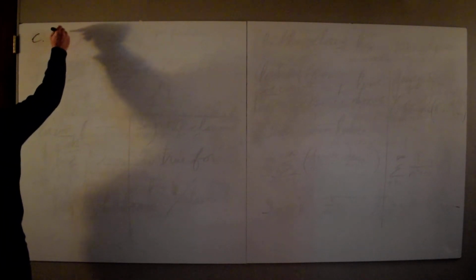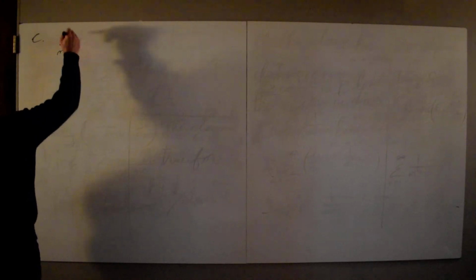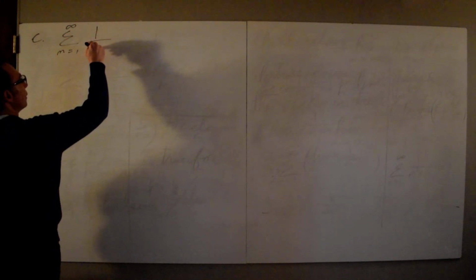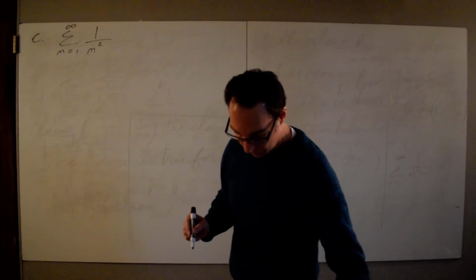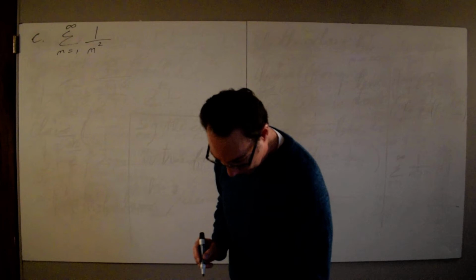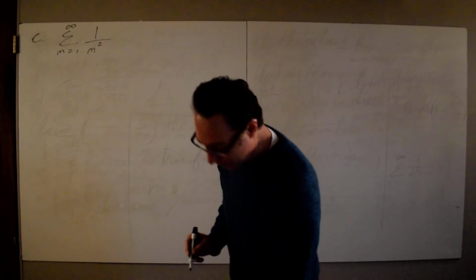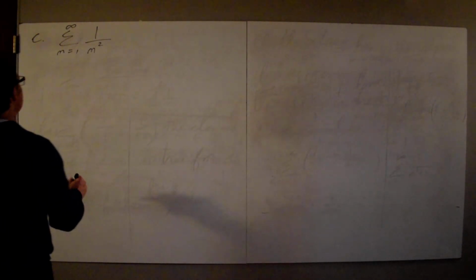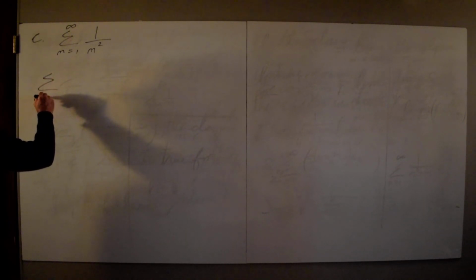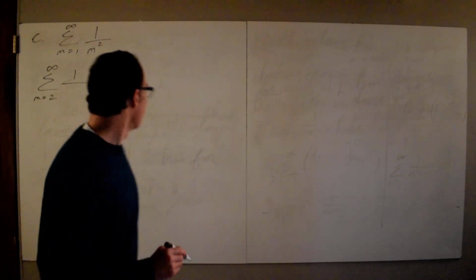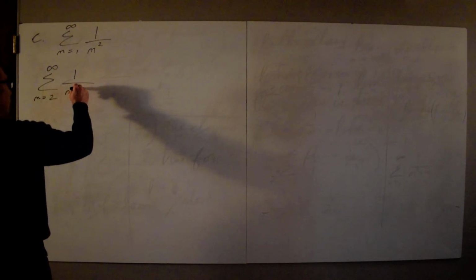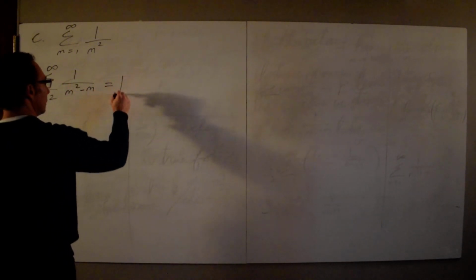Part C is the sum n equals 1 to infinity of 1 divided by n squared. Now we use parts A and B to do this. So we saw from part A that the sum n equals 2 to infinity of 1 divided by n squared minus n is 1.